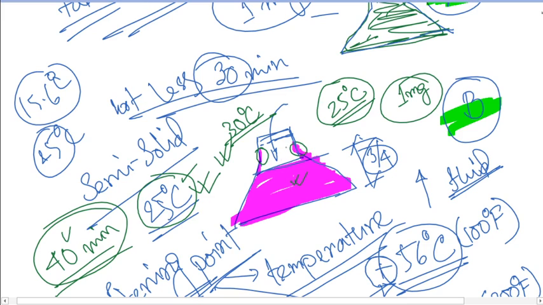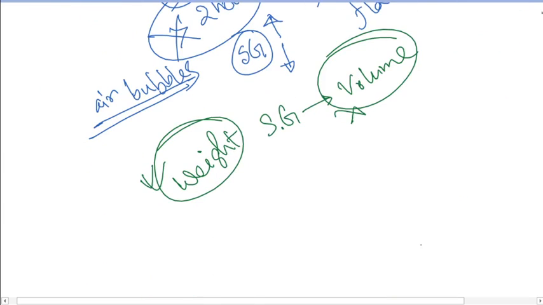We do not necessarily maintain the test temperature here, just because we are taking just weight, not the volume, after pouring this bituminous material. So weight will be taken, not the volume.